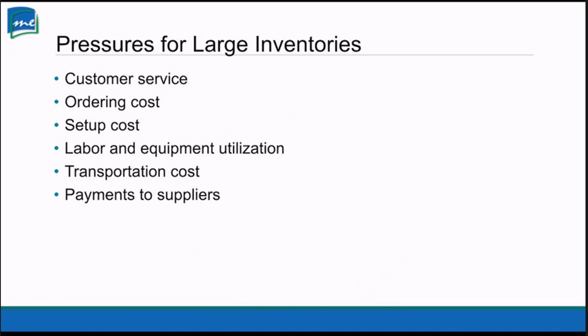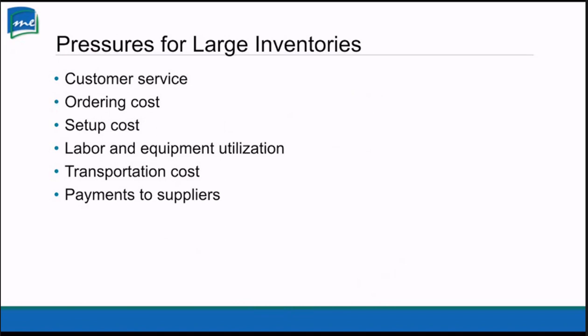And the second reason is ordering cost. The ordering cost is incurred when a company places a new order. Just like the hiring cost we discussed in a former topic, this is not about salary.